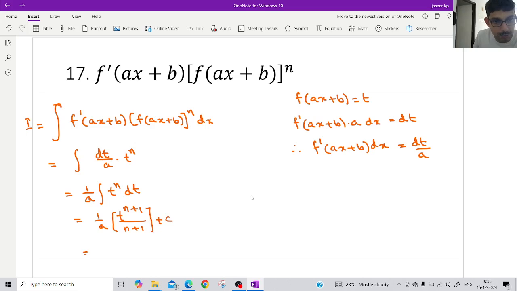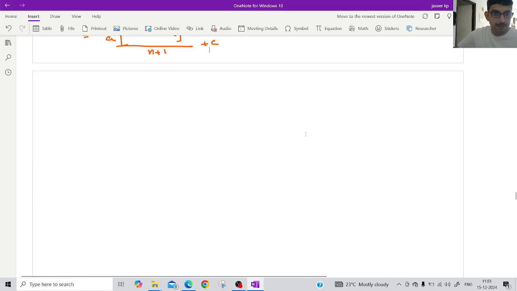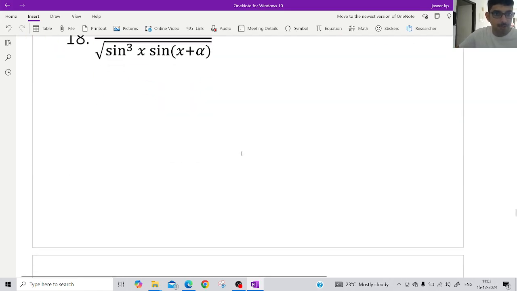So that is equal to 1 by a into f of ax plus b to the power n plus 1 divided by n plus 1 plus c. So this will be the answer for this particular problem. Now we will move to the next problem.